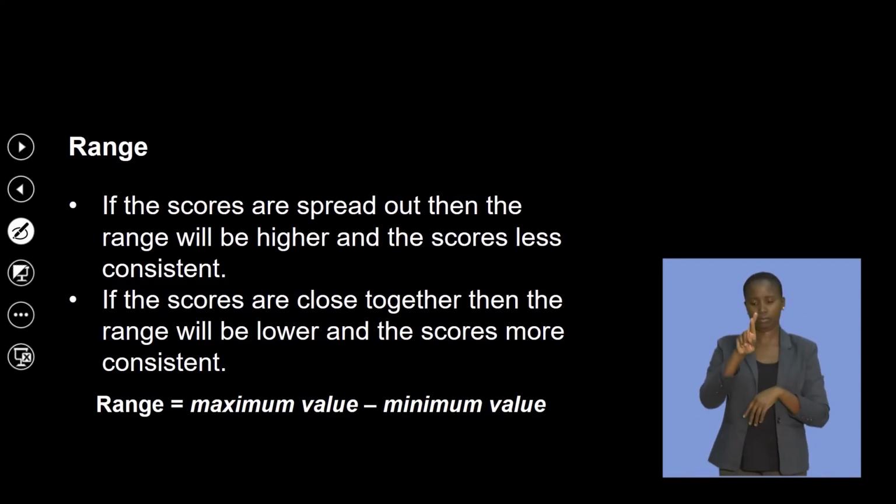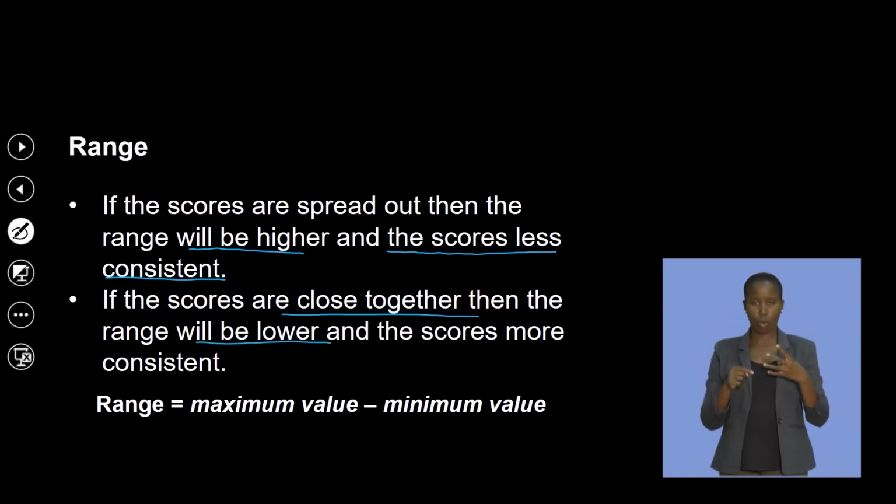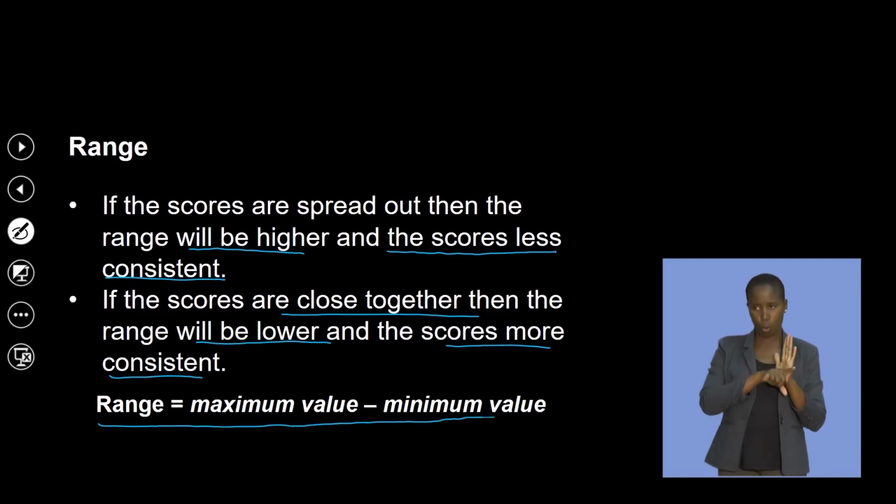If the scores are spread out, then the range will be higher and the scores less consistent. If the scores are close together, then the range will be lower and the scores more consistent. So range is maximum minus minimum.